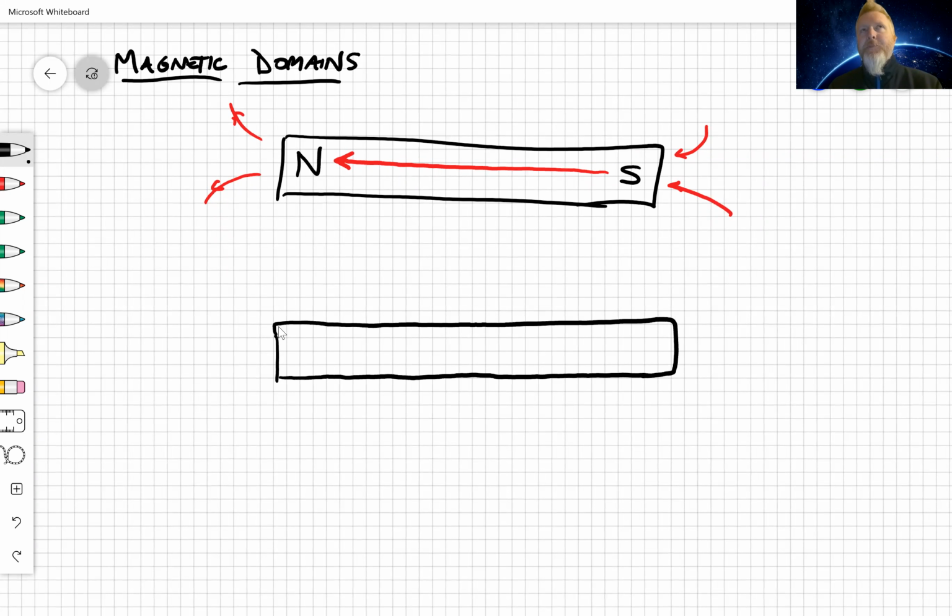Let me put it this way. Ultimately, our best models, and I shouldn't say true understanding, because I don't even know if that's a valid thing to say here. Our best models of magnets must be quantum mechanical in nature, because magnetism is a relativistic quantum mechanical feature.